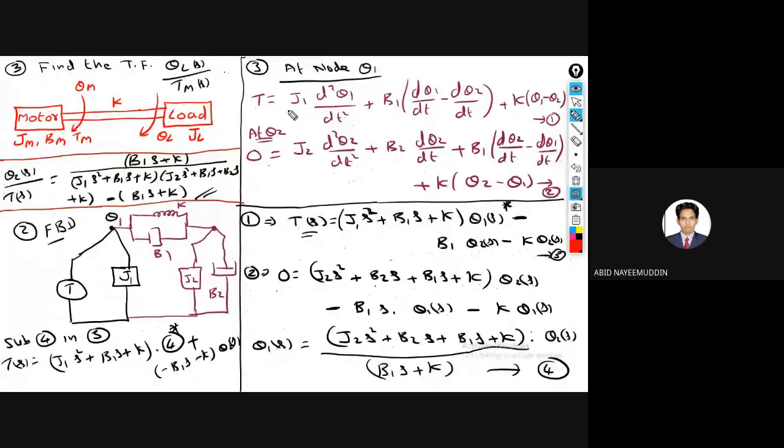Please try to solve the third problem. I am giving time to the students.